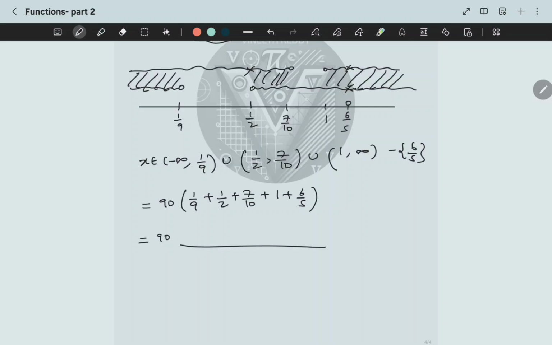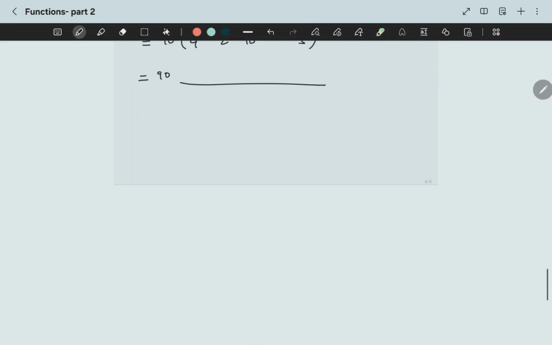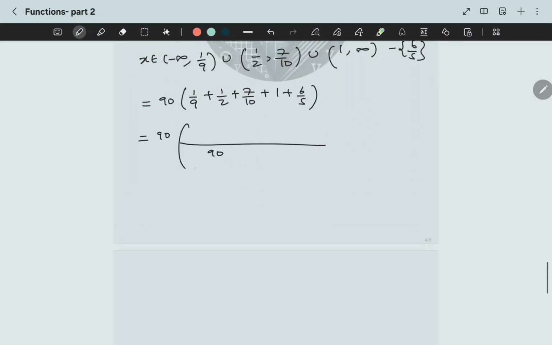If we take the LCM as 90, then 9 into 10 is 90, so here it should be 10, then 2 into 45, so 1 into 45 is 45, 7 into 9 is 63, and here 18 into 5 is 90, 18 into 6 is 108 probably, so we can cancel this.